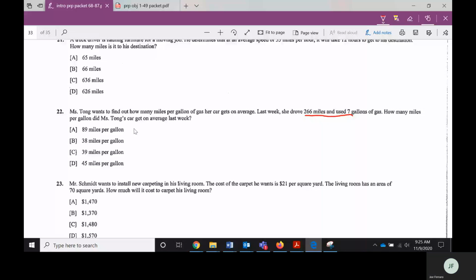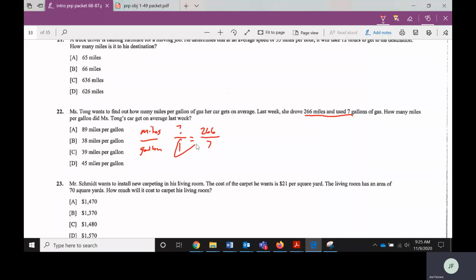We are looking at miles for 1 gallon, so miles and gallons. We want to know how many miles it gets in 1 gallon. The known pair says you get 266 miles, so we have miles on top for 7 gallons.